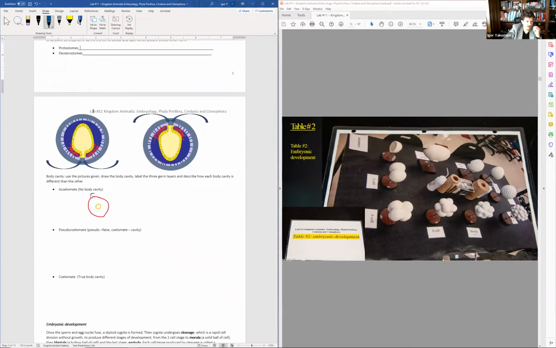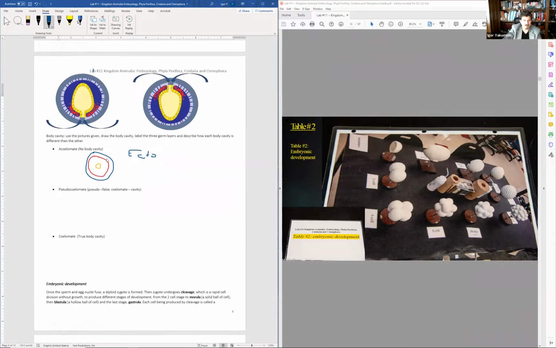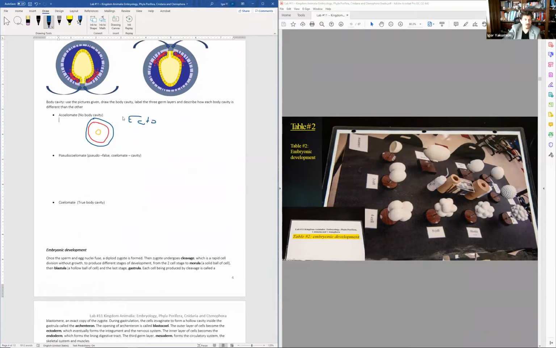So here we're looking at the ectoderm, endoderm, mesoderm. Ecto, meso, and in this particular case, the main idea is that there is no body cavity, so all of that is filled up with something.